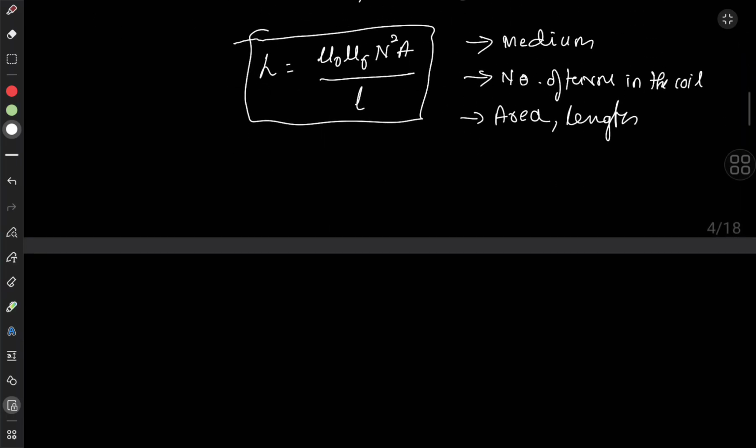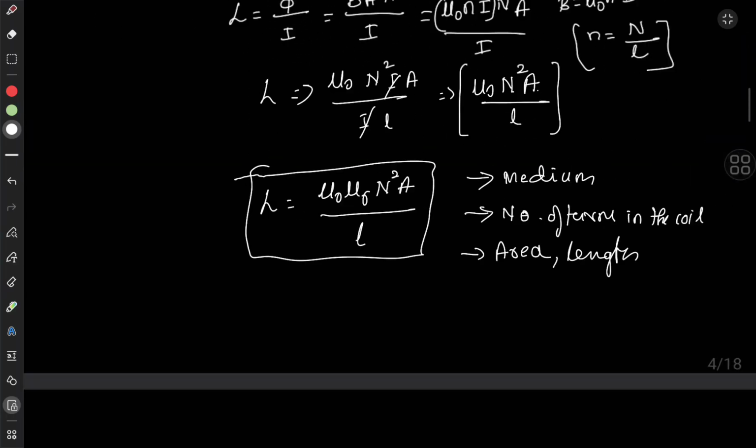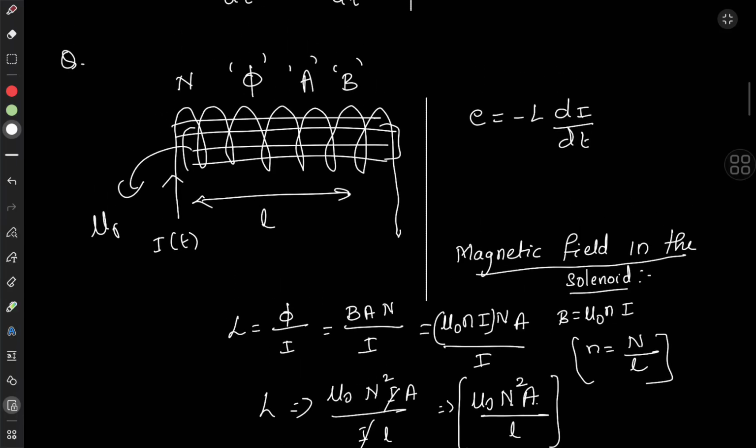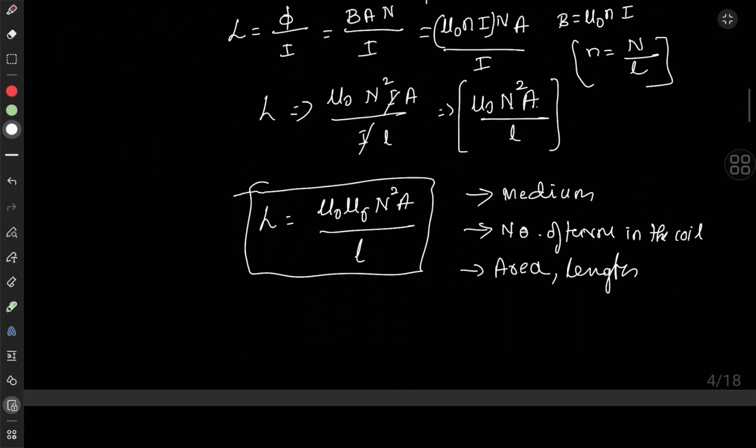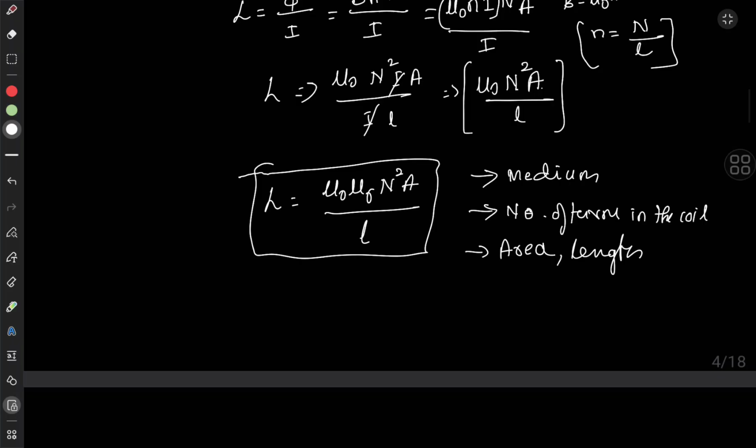So next we will discuss, you can assume it as a question also, or you can take it as a derivation also. Next we will discuss a single coil. We will just take a question. You are having a single coil, and you can imagine there are N number of turns.